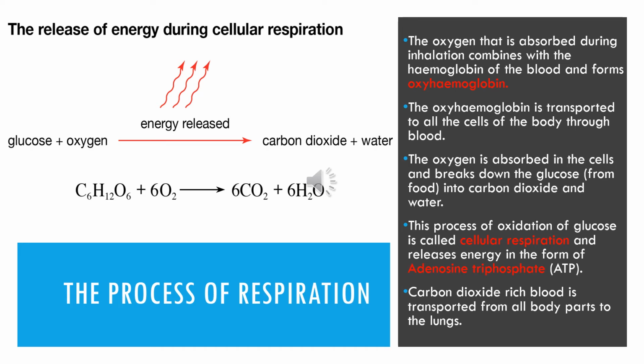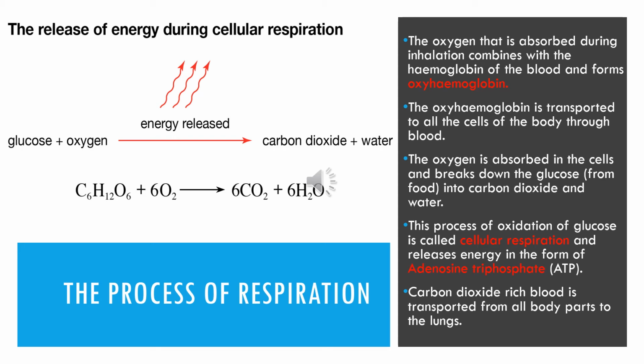The oxygen that is absorbed during inhalation combines with the hemoglobin of the blood and forms oxyhemoglobin. The oxyhemoglobin is transported to all the cells of the body through blood. The oxygen is absorbed in the cells and breaks down the glucose from the food into carbon dioxide and water.